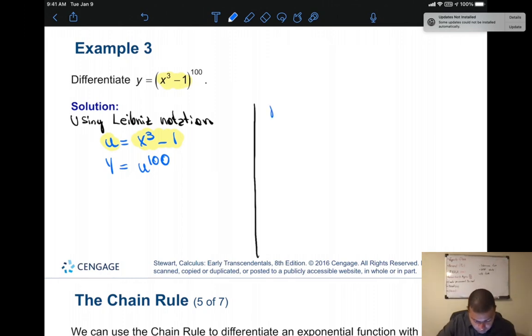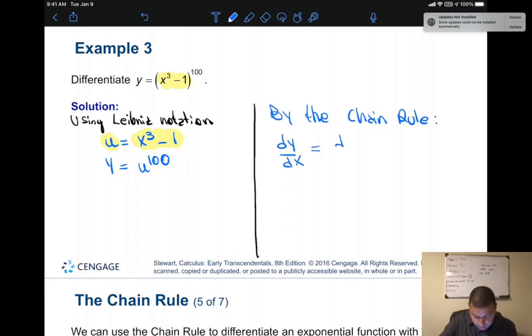So I go by the chain rule, dy dx is dy du times du dx, and that's that. There's that nice little canceling looking expression. I won't cancel it out, right? This is not really a fraction.